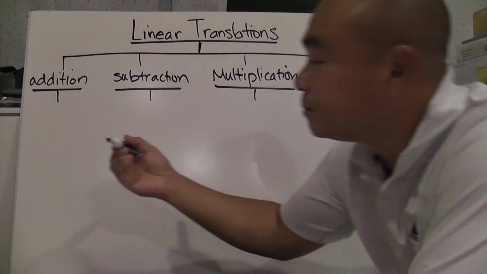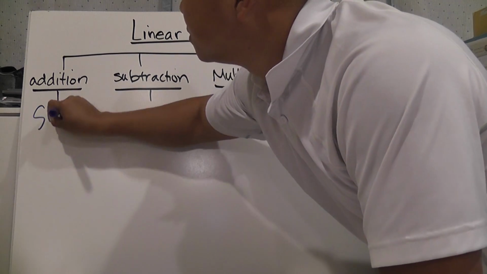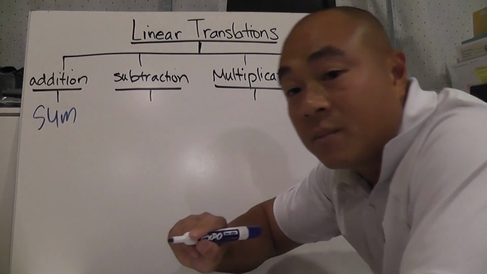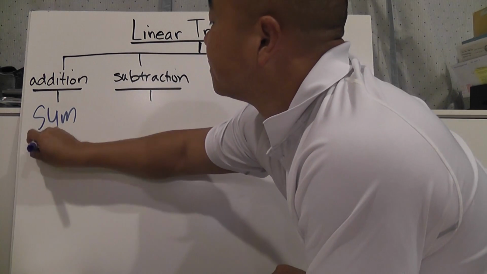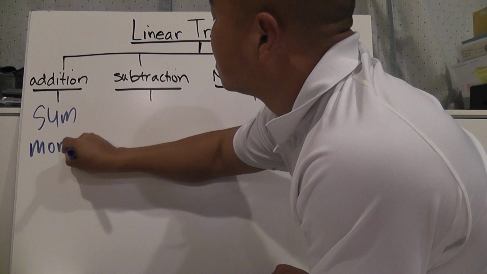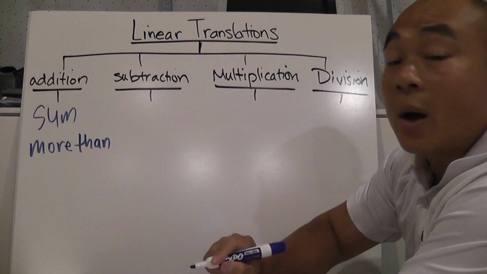Let's start with the basic one. Anytime you see the word sum, it means addition. Another one that we could use, more than. How about increase by?